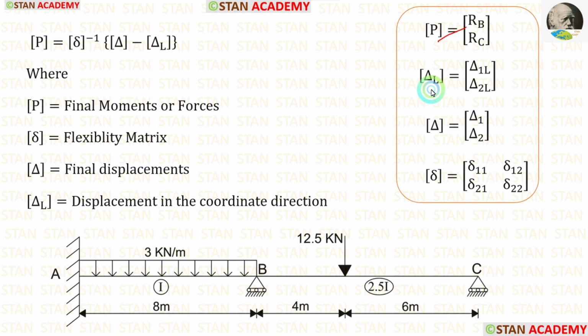Inside the P matrix, delta L matrix and delta matrix, there will be two values, because in this analysis, there are two coordinates at the points B and C. Since we have two coordinates, the size of the delta matrix will be 2 cross 2. Inside the P matrix, we will have RB and RC. In this formula, now let us find delta matrix.